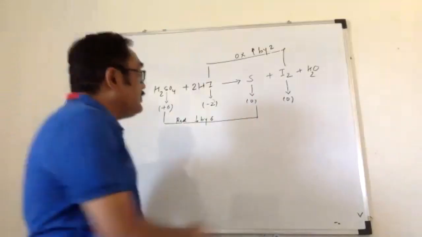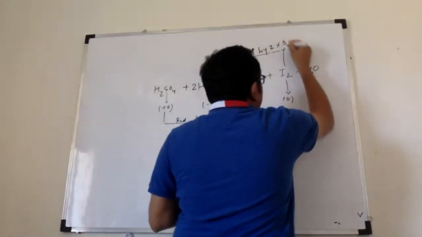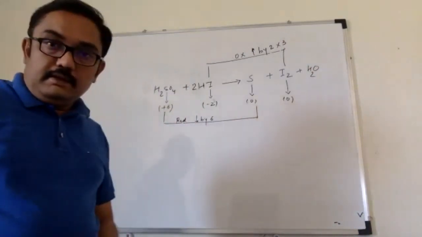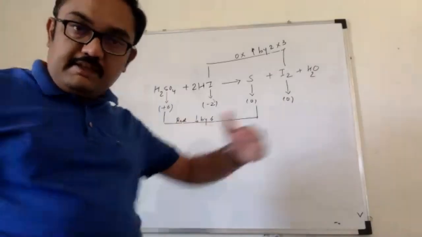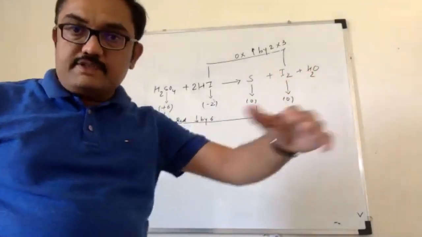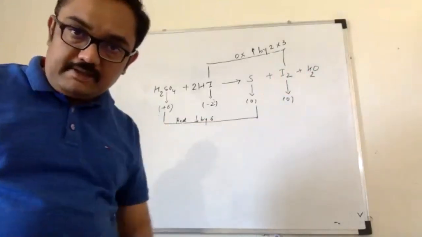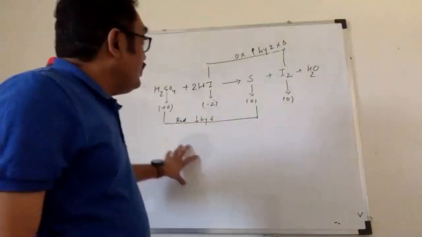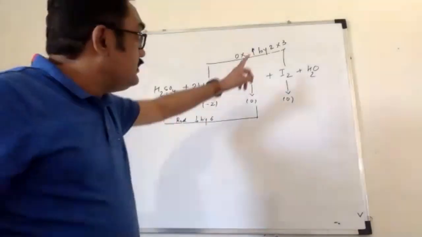So whatever increase in the oxidation number equals the decrease in the oxidation number, that's what we have to do for balancing. So this half I am multiplying by 3.